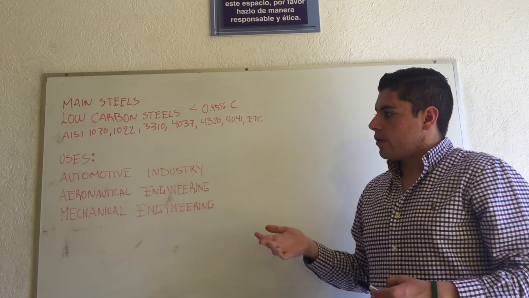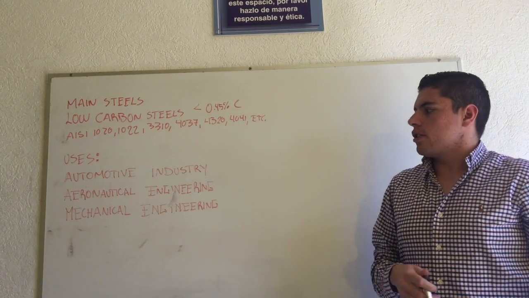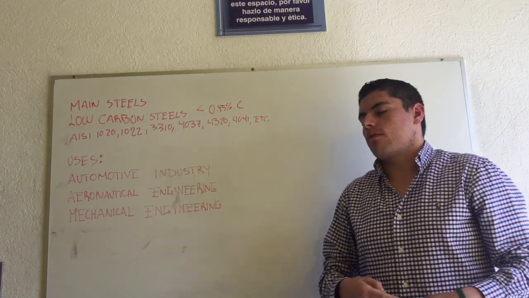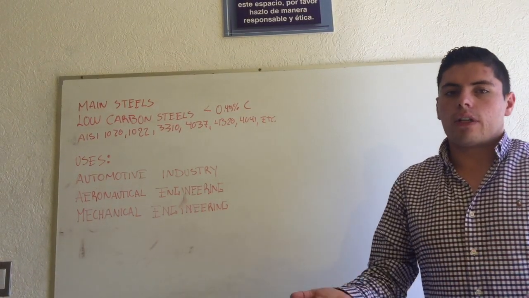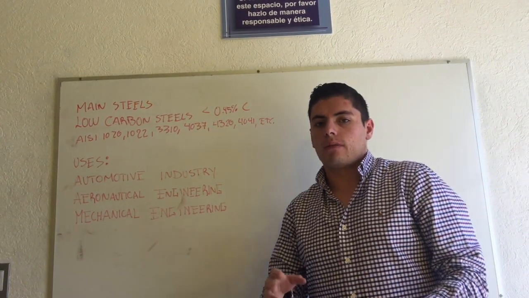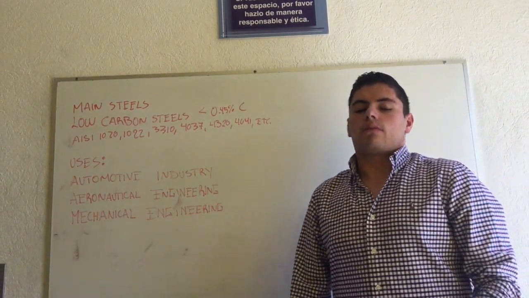So these types of materials are mainly used in the automotive industry, the aeronautical engineering, and also in general the mechanical engineering for most of the uses. For example, the drills and the tools for machinery, and other ones.